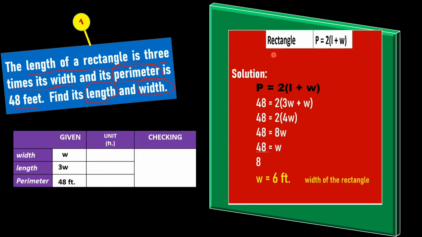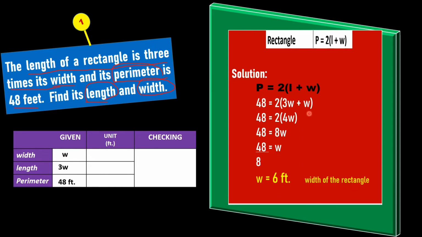So, we have here, the perimeter of the rectangle is C equals to 2 times the quantity of L plus W. And here's the solution. Given the perimeter, which is 48, substitute the length 3W and W as is.